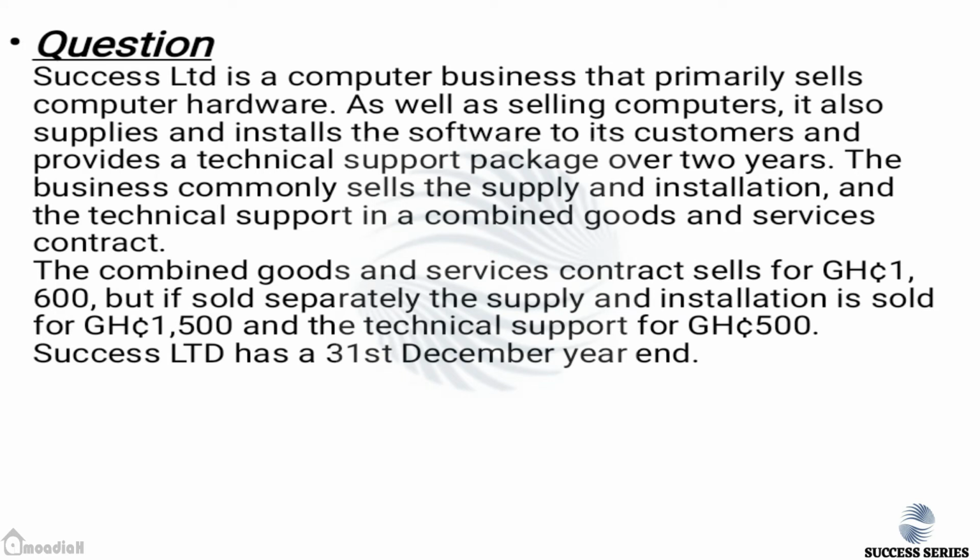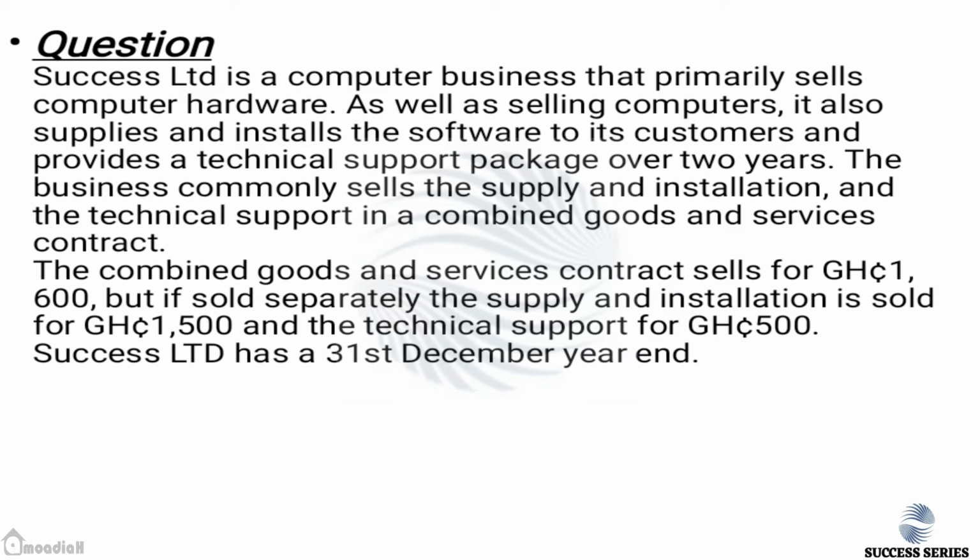Now let's move to the question. The question reads, Success Limited is a company that primarily sells computer hardware. As well as selling computers, it also supplies and installs the software to its customers and provides a technical support package over 2 years.